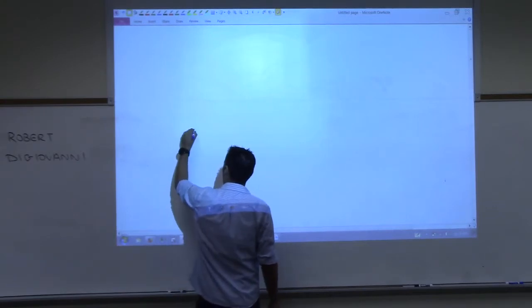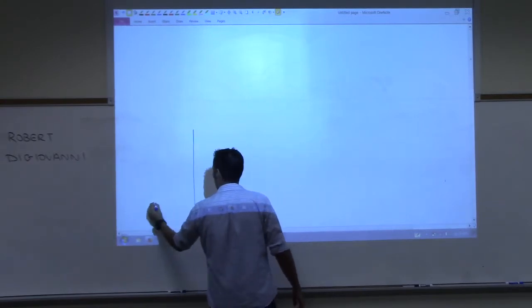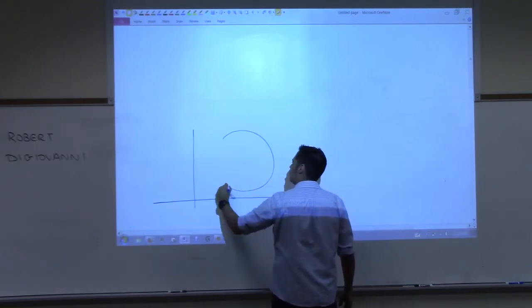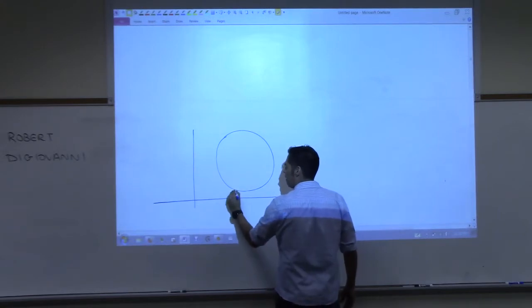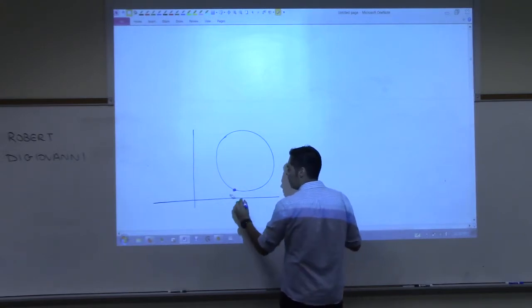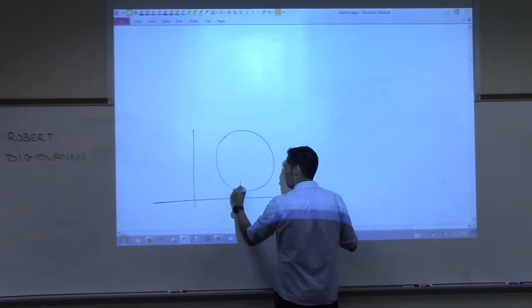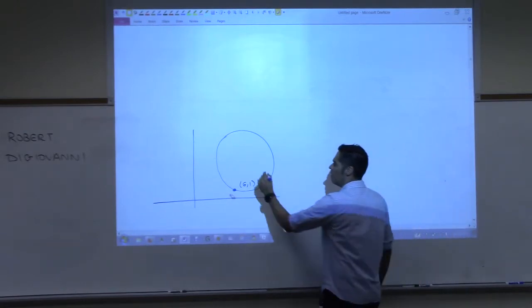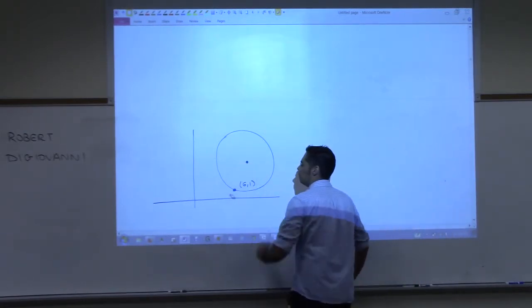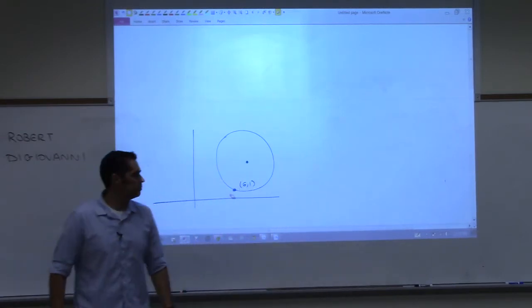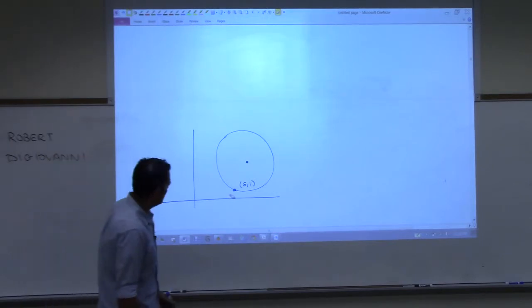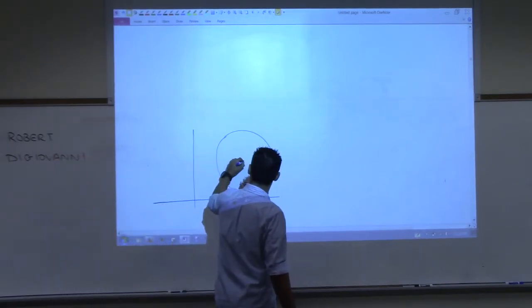Here's what I have got for you here. I have a circle here. And this point right here on the circle is the point 6, 1. And then I have the center of the circle here. It doesn't look like the center, but it is supposed to be the center.